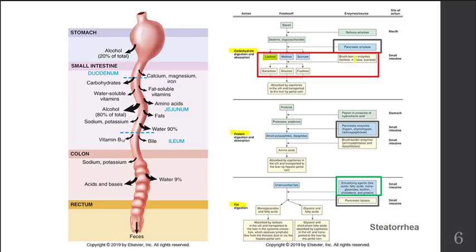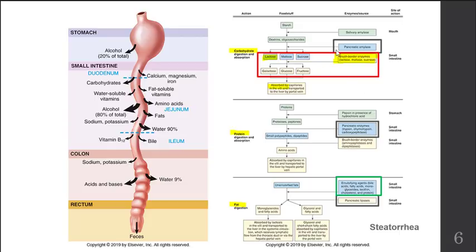You might also recall that within the brush border of our small intestine, we produce enzymes. The main enzymes that are produced are lactase, maltase, and sucrase, which have the function, as you could expect, of breaking down lactose, maltose, and sucrose into their monosaccharide form, where we can actually absorb it into our blood.